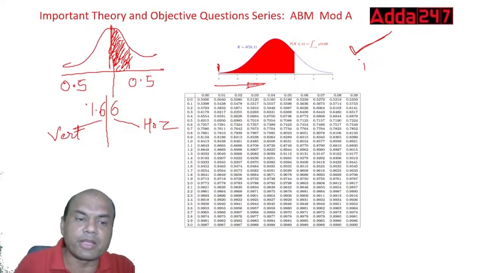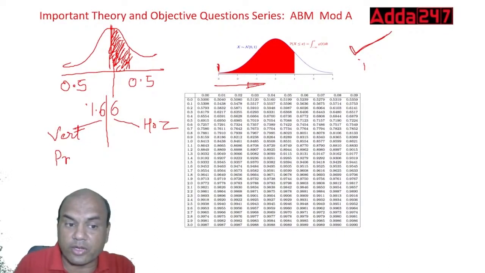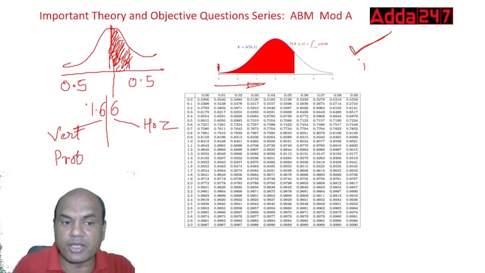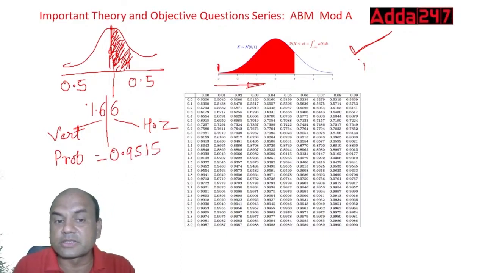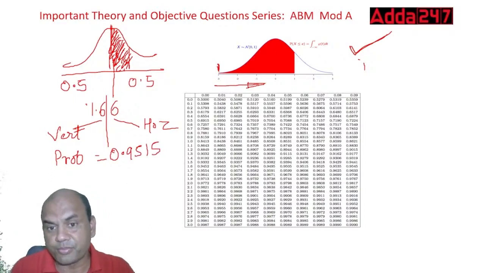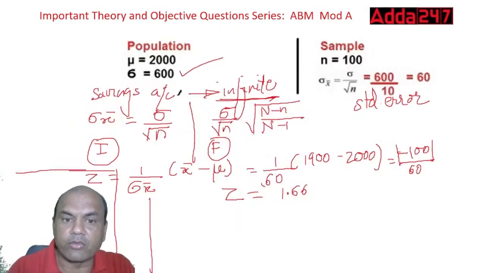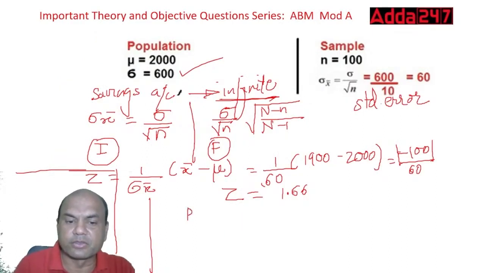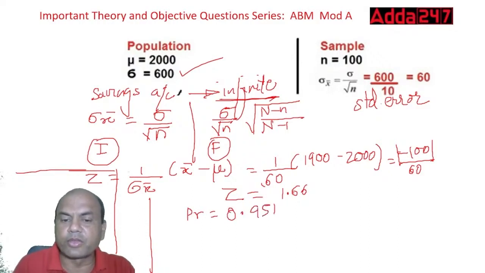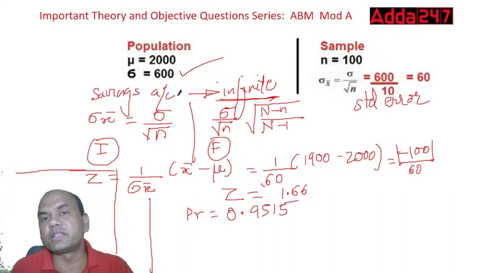So my probability over here is 0.9515. But this is not your answer. What do we want? My probability value is 0.9515, but do I want this 0.9515?